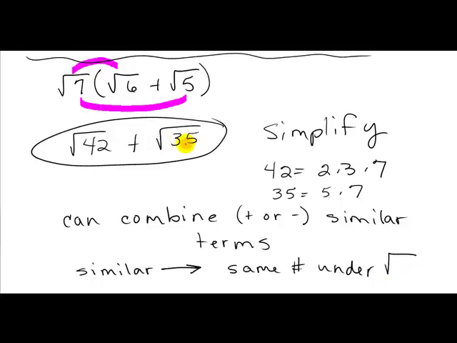These are not the same. They cannot be added together. We came over here to see if we could simplify them, and we can't. We can't take any of these numbers out of that radical and simplify it. So these, again, a refresher of things that we've seen in the past.